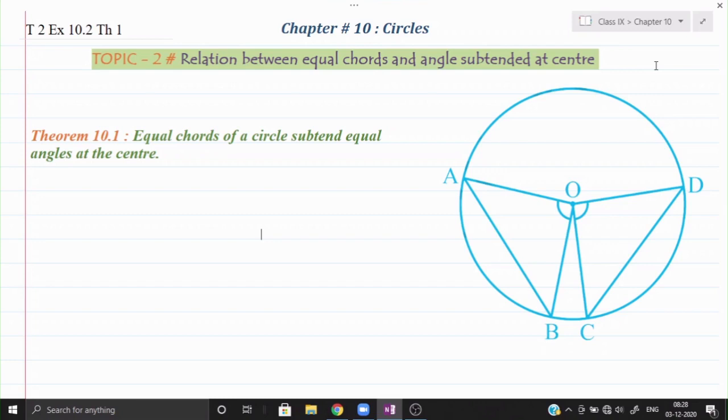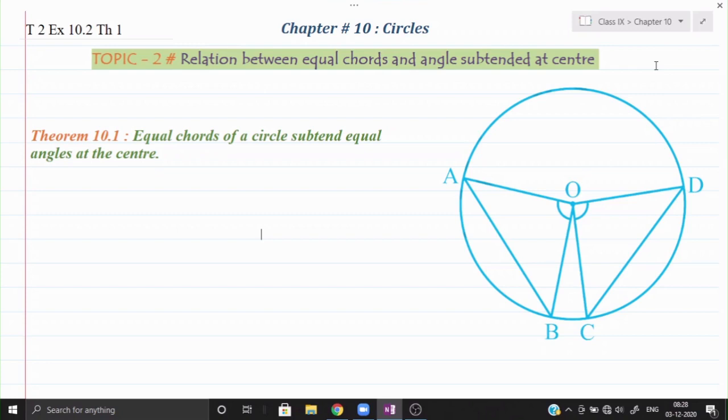So the first theorem we are going to prove here is theorem 10.1 according to your NCERT textbook. It says that equal chords of a circle subtend equal angles at the center. As you can see in the figure, we have two chords AB and CD.